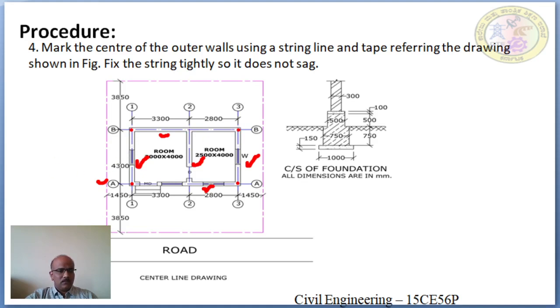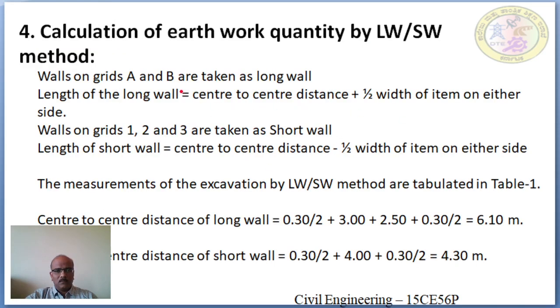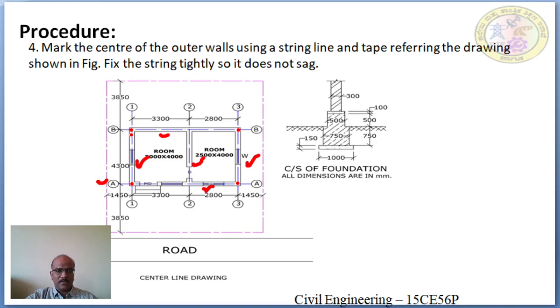The center to center distance of a long wall is calculated like this: 0.3 by 2, that is half the width of the wall, on the left hand side. Then this length, 3 meter, is added, 3 meter plus this wall thickness 0.3 plus 2.5 meter, the room width, then to this center of the wall, 0.3 by 2, is added together.